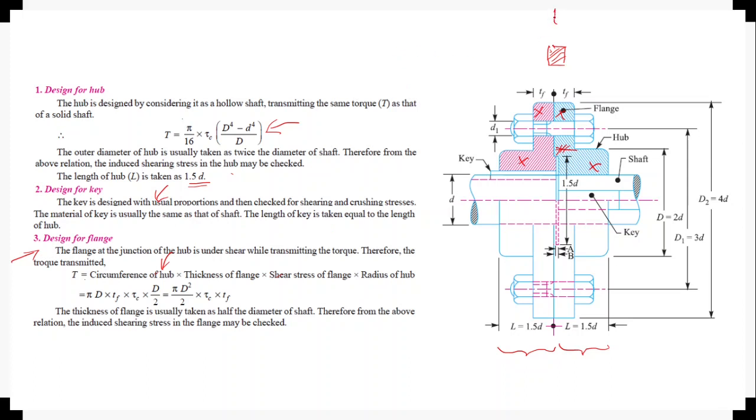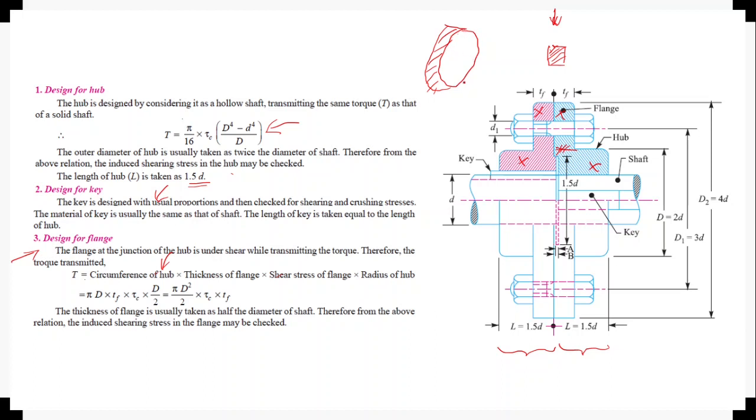In the top view we can see a cross section like this. This area will be like this, and this diameter is equal to the diameter of the hub.